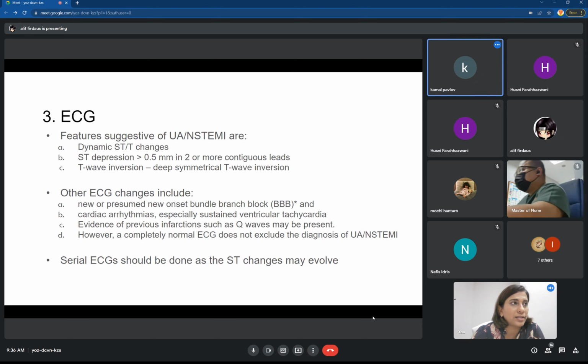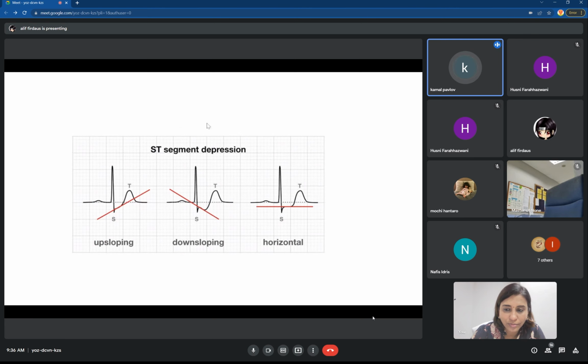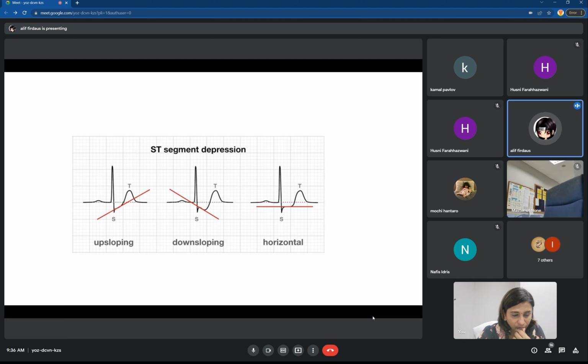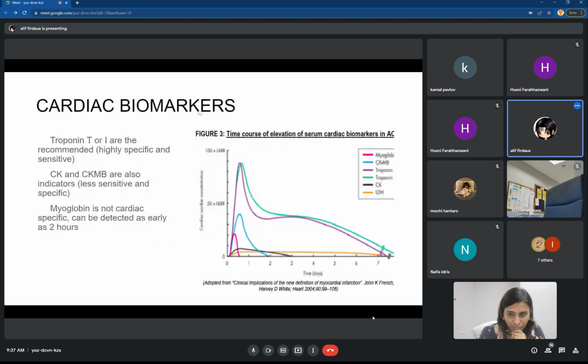Okay, the next slide, proceed. It's a few examples of ST segment depression. It could be upsloping, downsloping, or in a horizontal lane. So there are a few cardiac biomarkers.